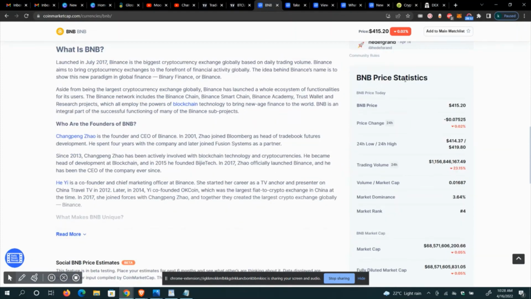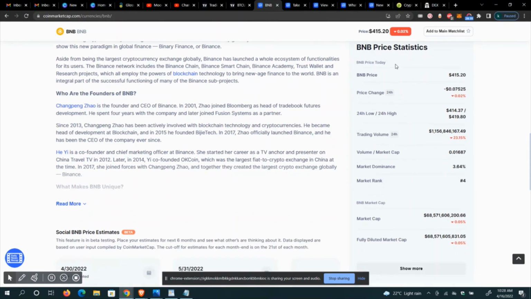Another thing again, which I talked about, the all-time high, the price statistics. The BNB price today is 415.20. The 24 hours price change is 0.0755%, which is the difference in the price in the last 24 hours. The 24 hours low and high are both around 414.